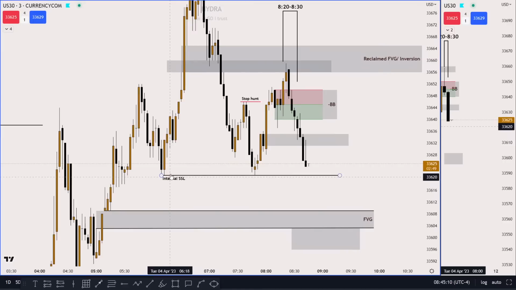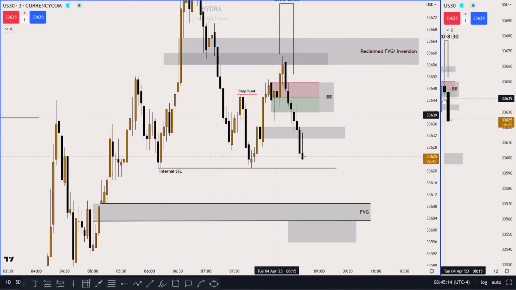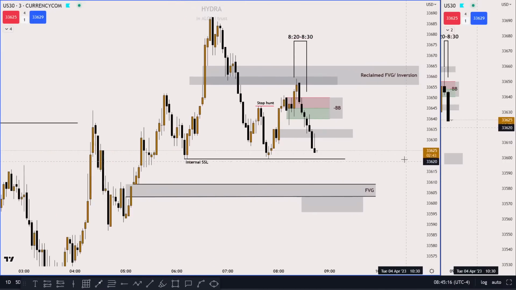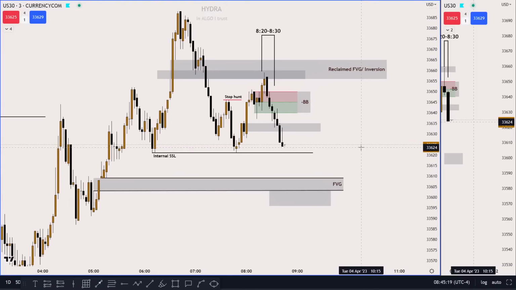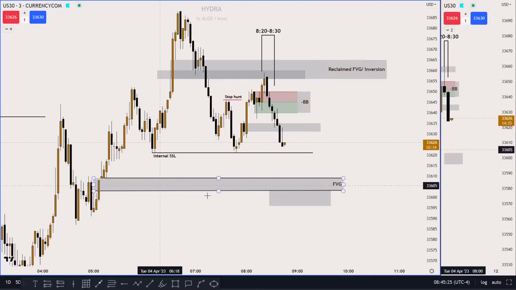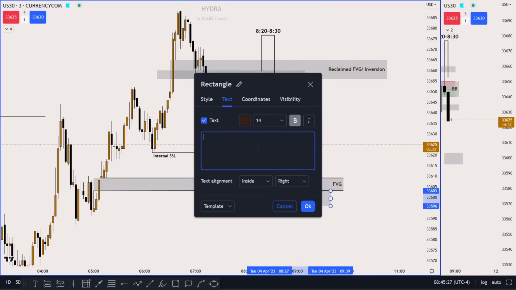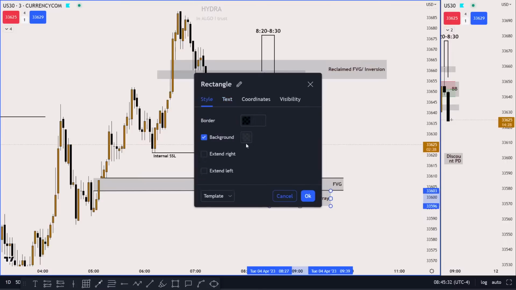That's a level where you want to take a partial. Don't be greedy and think, okay, Hydra is giving me a signal, I'm just going to hold and not close this trade. No. We are targeting this fair value gap because it's in a discount PD array.